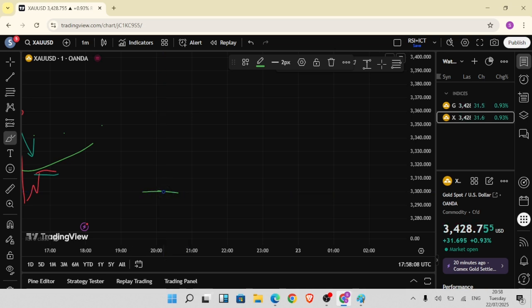Let me use a different color. Price will open, right? And then form a low, okay? And because this price is now forming a low, what do we do? We place a buy stop right here.